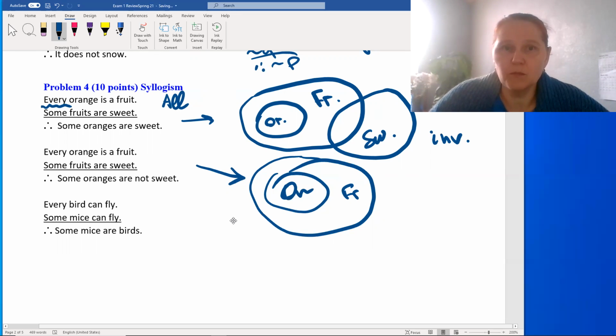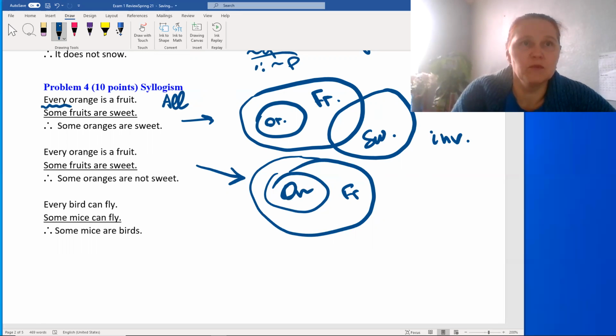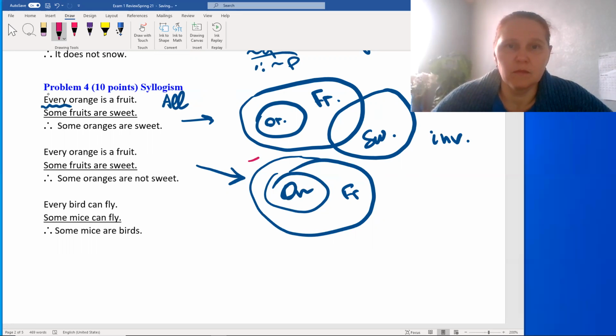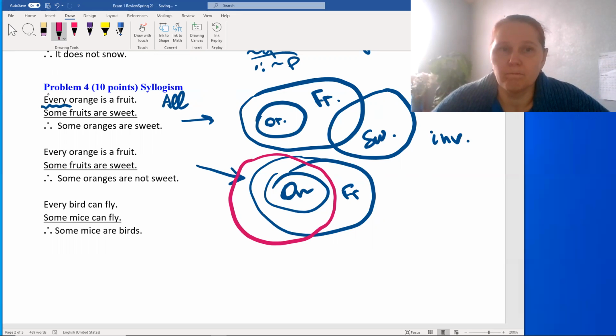We can also prove that the syllogism is invalid if we draw the circle for sweet including oranges. The second premise, some fruits are sweet, is still good, but some oranges are not sweet is wrong.